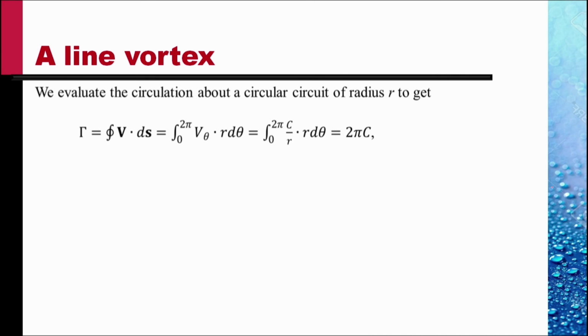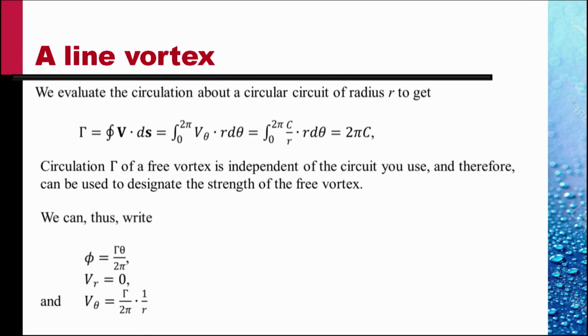Therefore, gamma can be used as a strength of the free vortex, so that in the expression of the velocity potential that we have, c theta, we could replace c by gamma by 2 pi. And if we do so, the velocity potential becomes gamma theta divided by 2 pi.